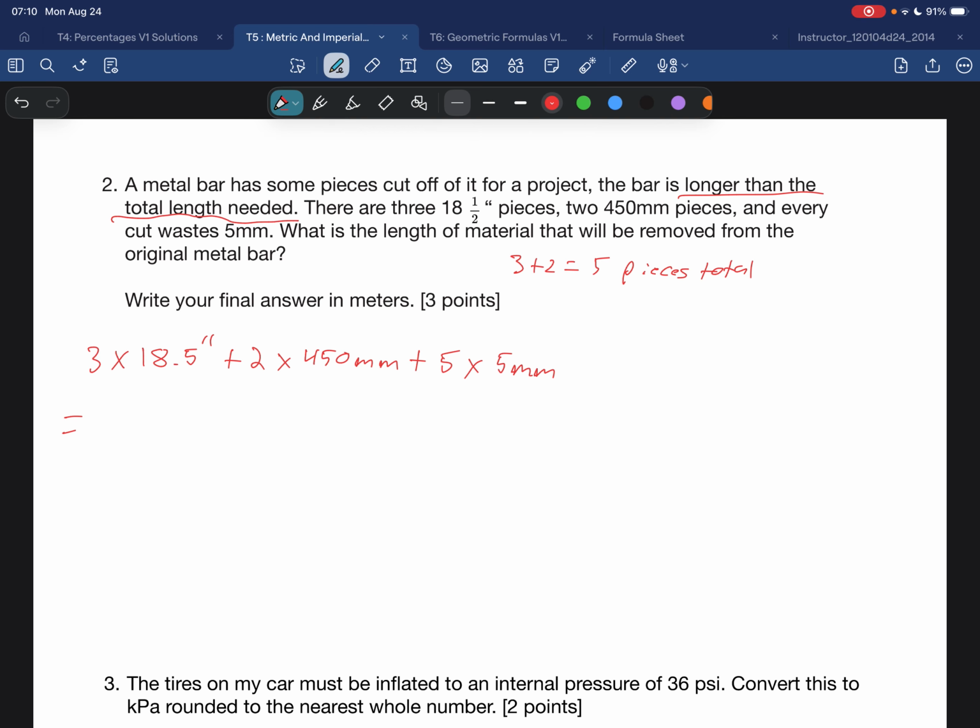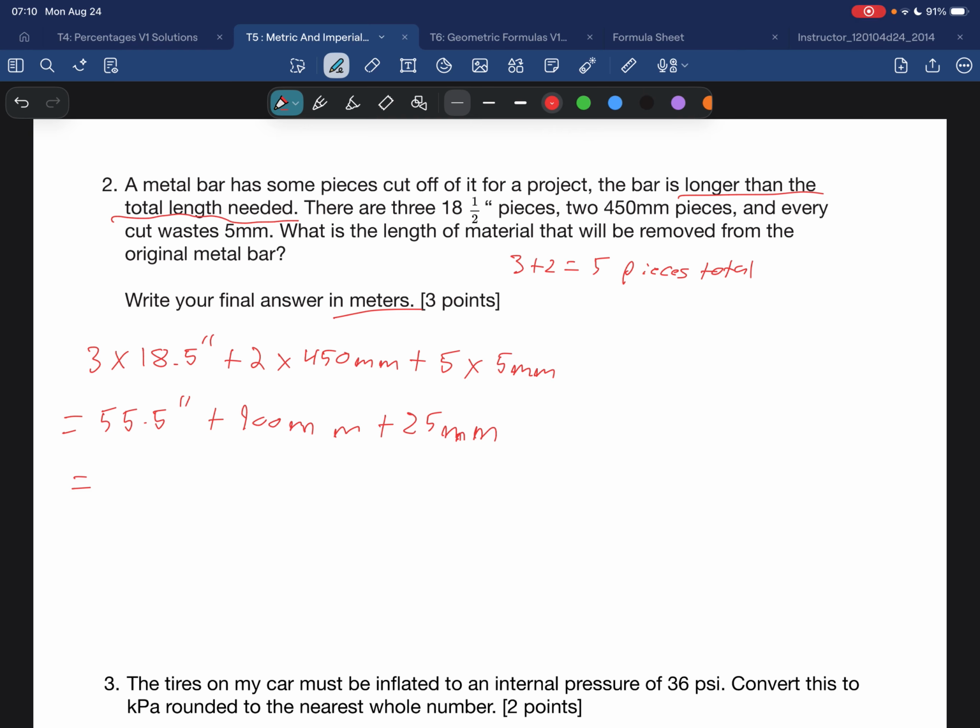So going to leave this in inches just for now. Oh, I should also mention we also are tasked with putting our final answer in meters here.